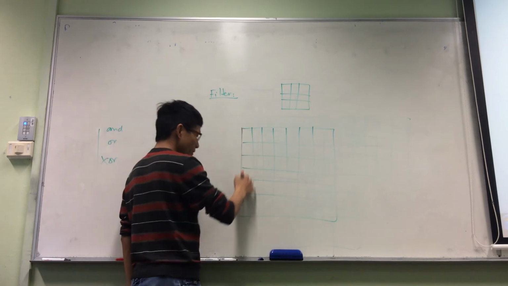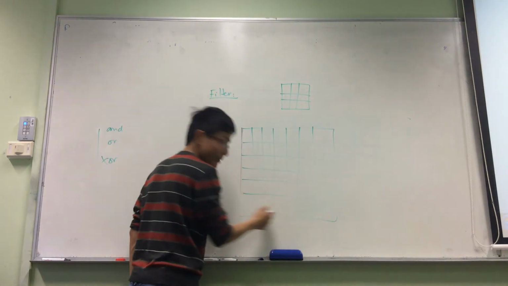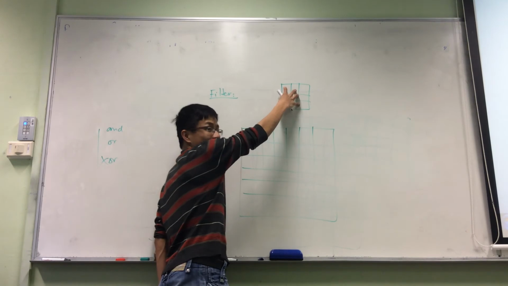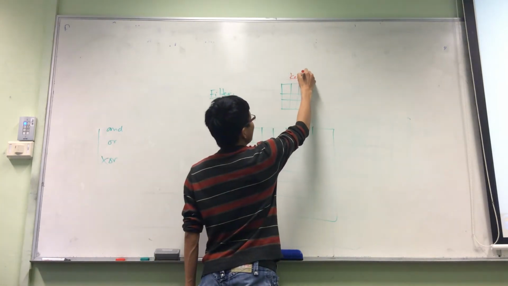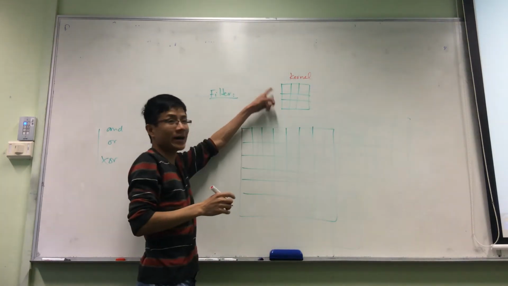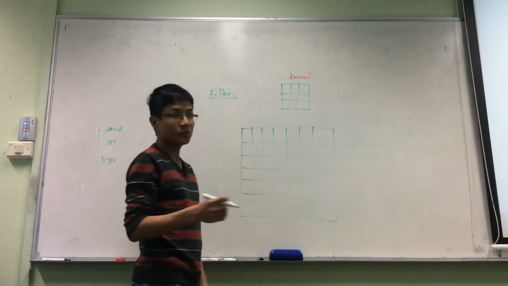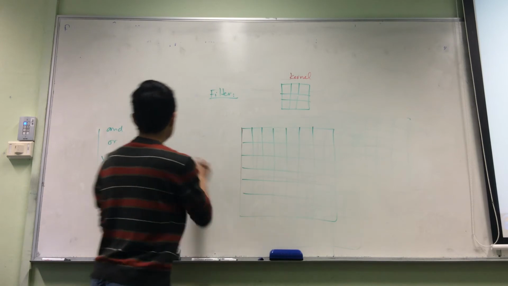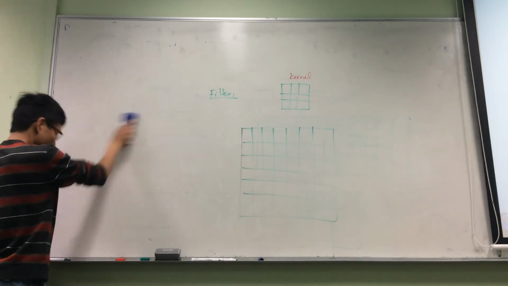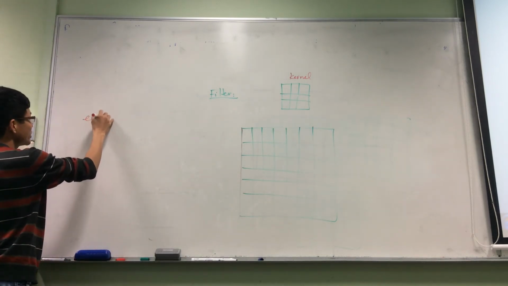So I want to filter this image using this one, which we call the kernel of the filter. I apply this filter on this image. Now what's it going to do? The first one we call erosion.